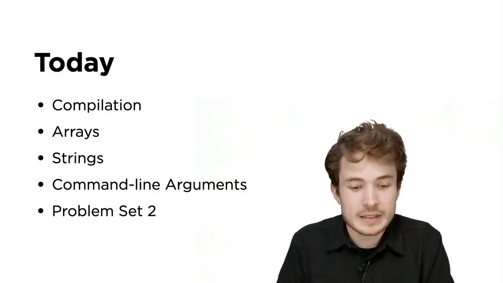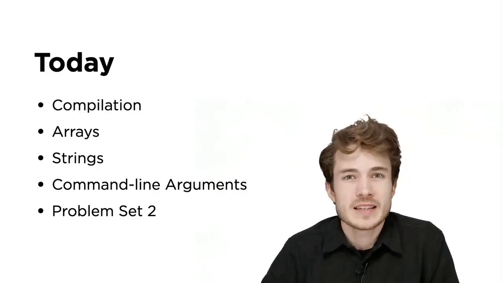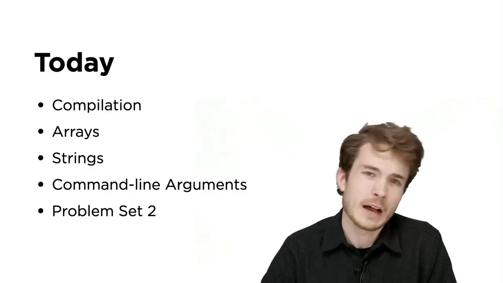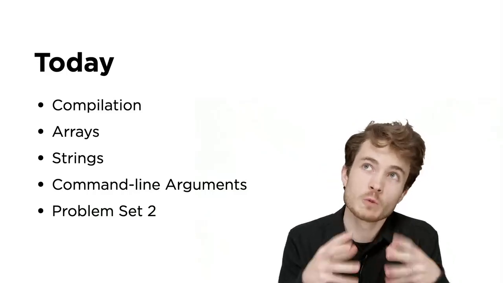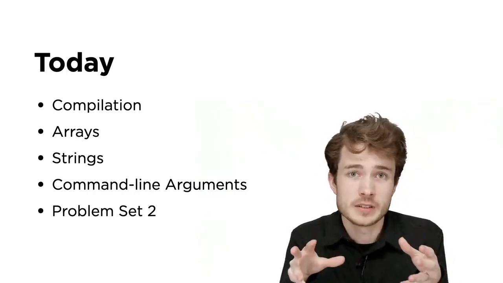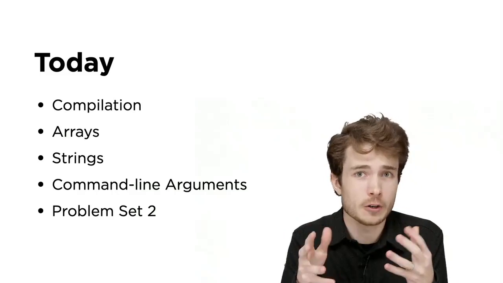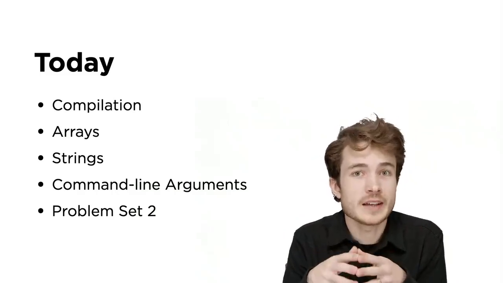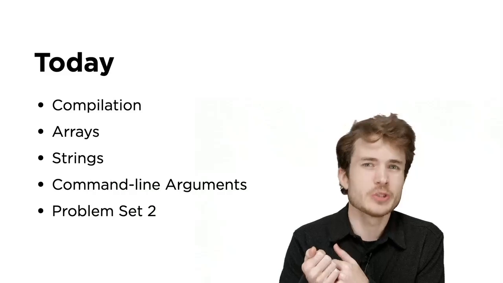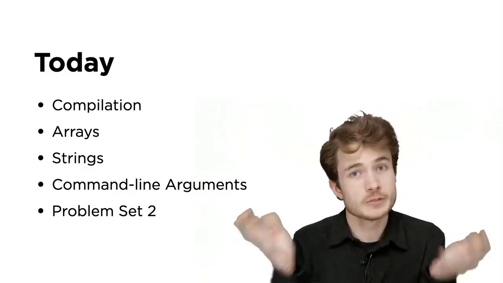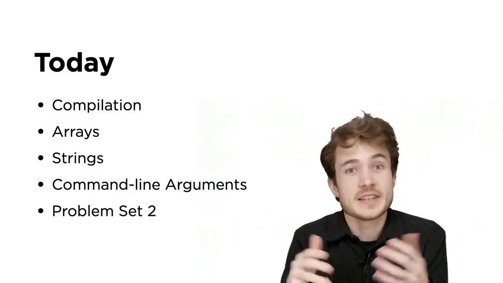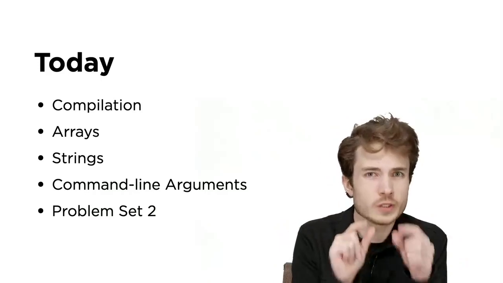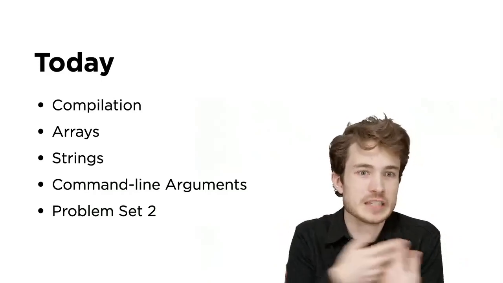A brief overview of today. We'll begin focusing on this idea of compilation. How do we take the code that we write in C, for instance, that source code we write in a file, and convert that to the zeros and ones that a computer actually understands and can run? We'll then focus on arrays. How do we store data more efficiently than we've seen before?